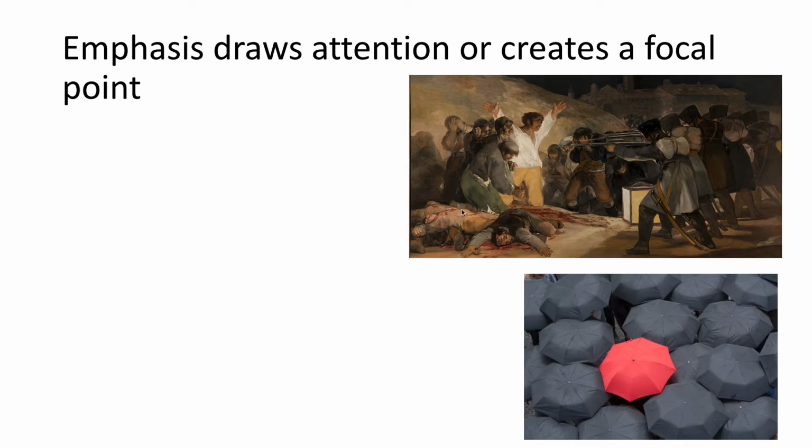Other areas are darker, but the light is centered right on him, his white shirt, and it just seems to be illuminated by something. I'm not sure what, but I think the artist has intentionally done that so that we can see he is the main focus of this painting. Also, the guns are creating this line that's pointing at him as well. So that's one way an artist would use emphasis.